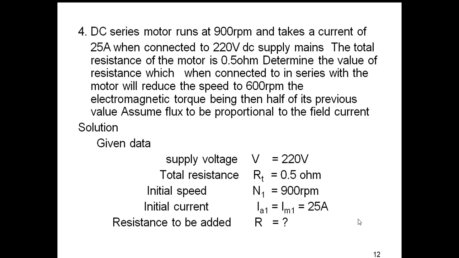And here we have to determine the value of the resistance to be added when the speed gets reduced to 600 rpm. That is, N2 is given as 600 rpm.